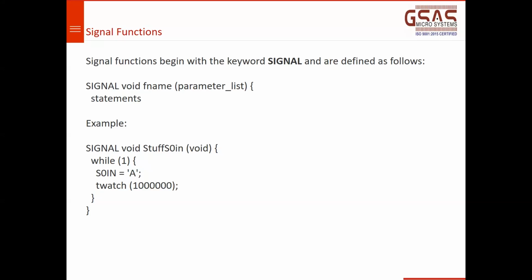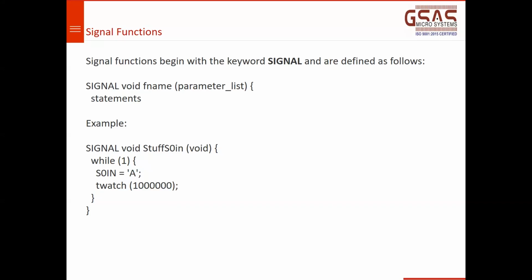They have to be defined as part of the simulation. How and where they are defined, I'll show you in the demonstration. In this case, this function, stuff SO in, is one function. Here, I'm trying to simulate the receipt of data through UART.